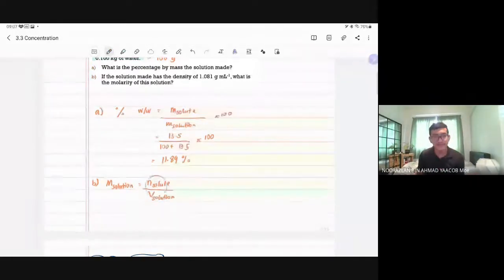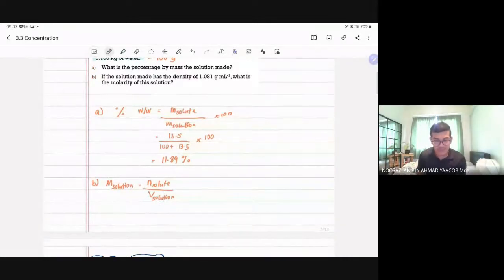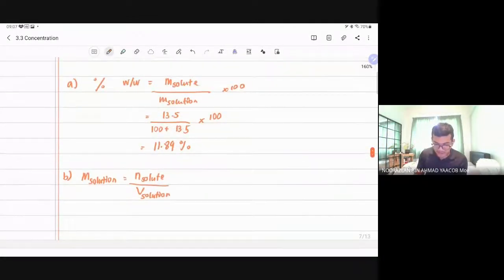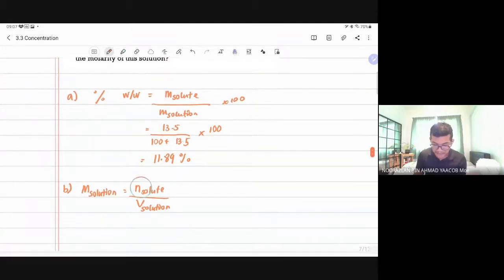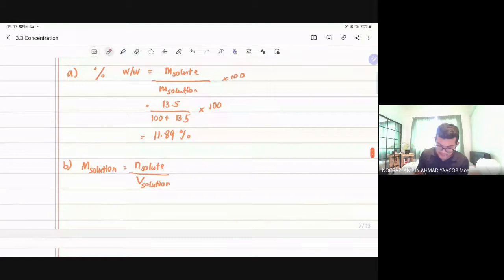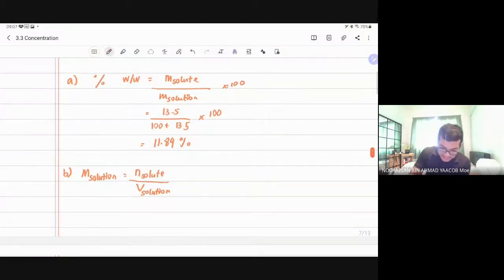Ini formula dia. Number of mole. Kita tak ada number of mole. Kita tak ada volume. Tapi number of mole ni kita boleh dapat daripada mass. Mass kita boleh tukar kepada number of mole. Jadi ini kita adalah. This one kita tiada masalah pun.